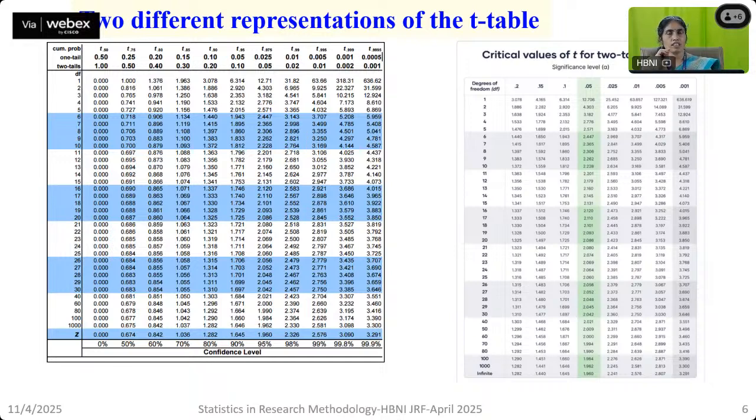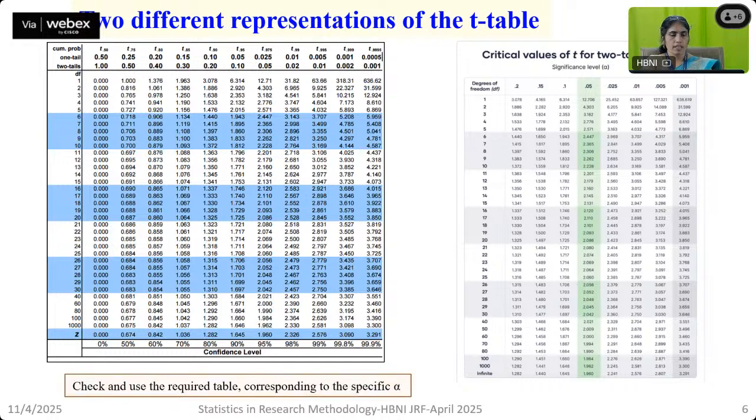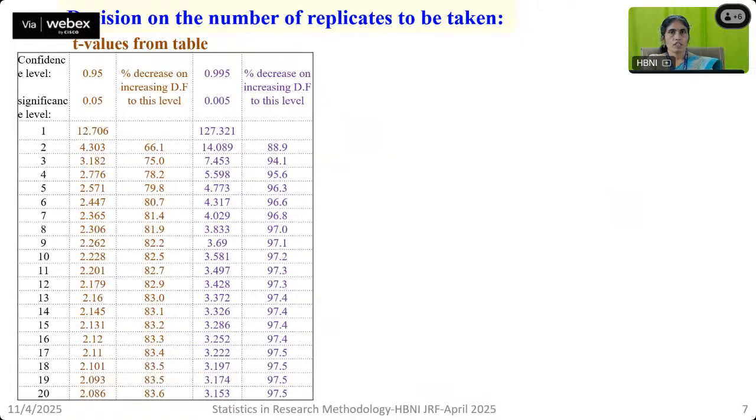If at all you are going for a stringent case, then as per the requirement, the significance level also will be decided upon. What should be the ideal significance level? That also we will discuss in the coming slides. Accordingly, one has to read the T table and take out the required critical values of T for reference and conclusions.